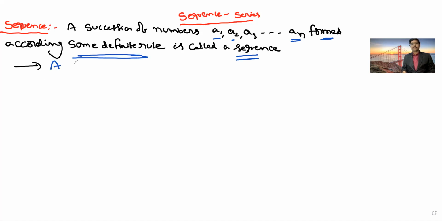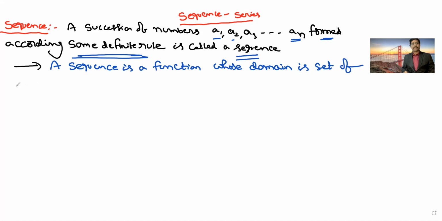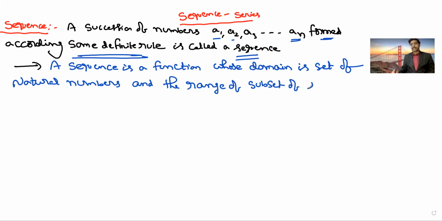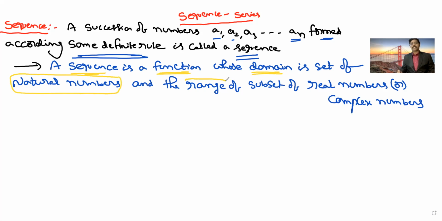A sequence is a function whose domain is the set of natural numbers and the range is a subset of real or complex numbers. Okay. So now explain notations.